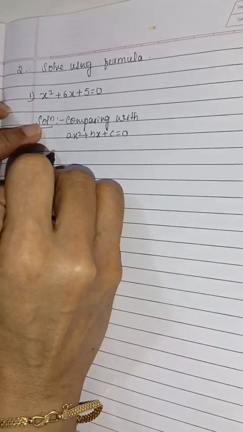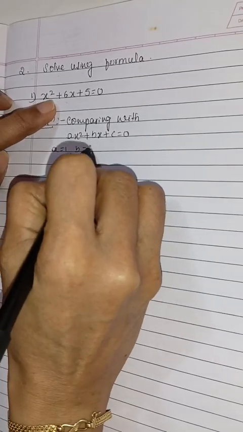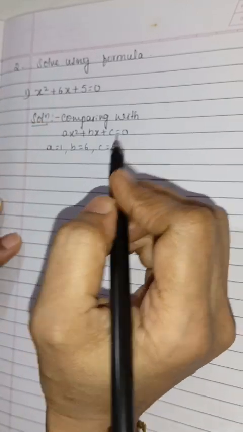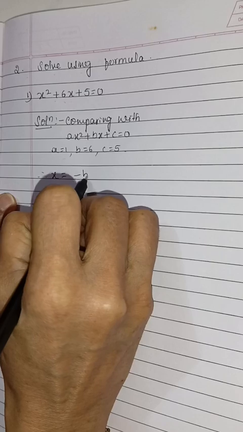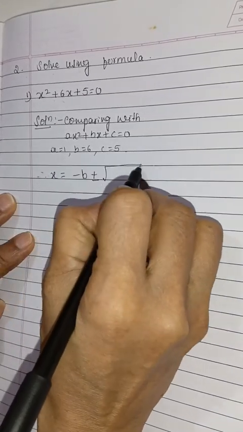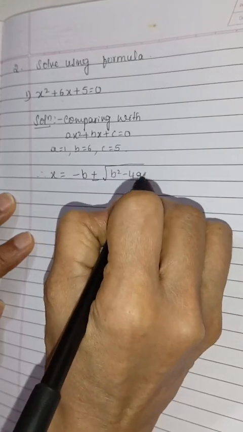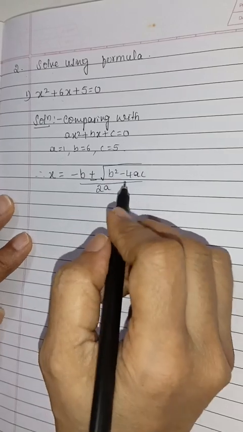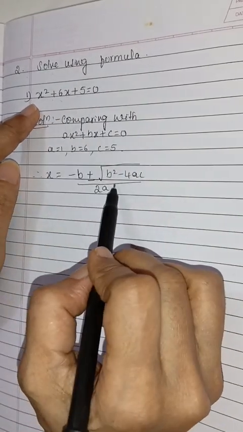Now write the values. a is 1, b is 6 and c is 5. Okay. Therefore the formula is x equals minus b plus or minus square root of b square minus 4ac divided by 2a. This is solving a quadratic equation by using formula.